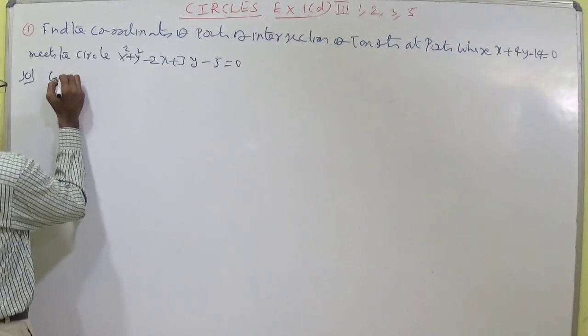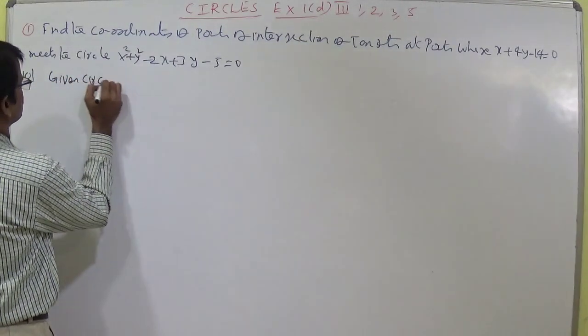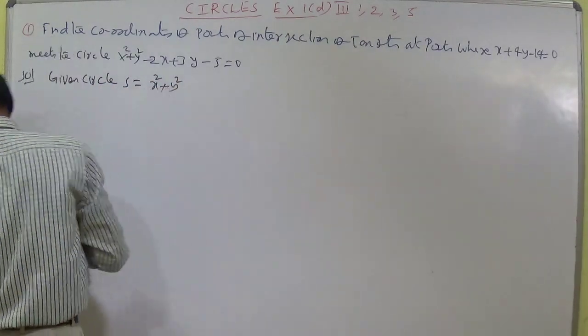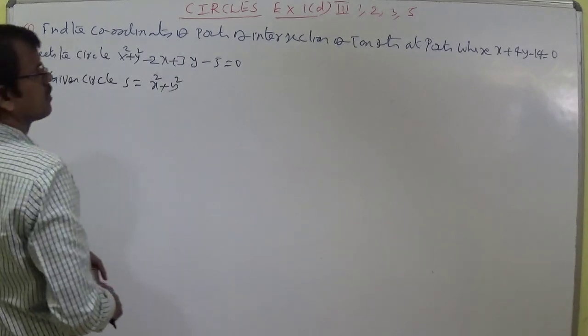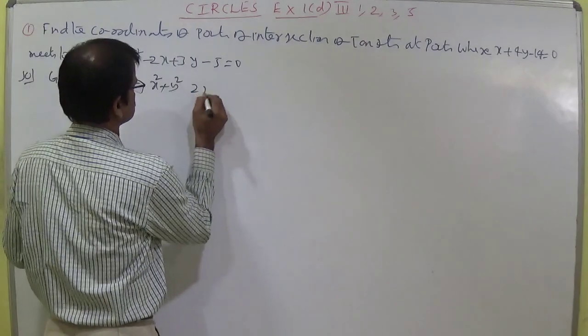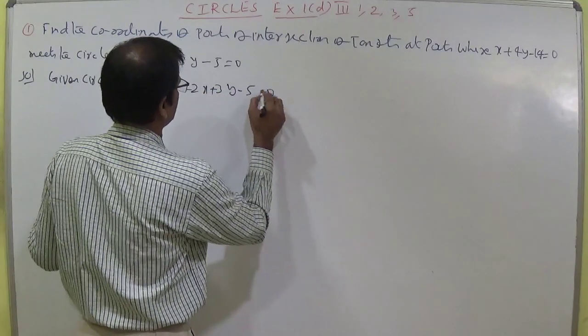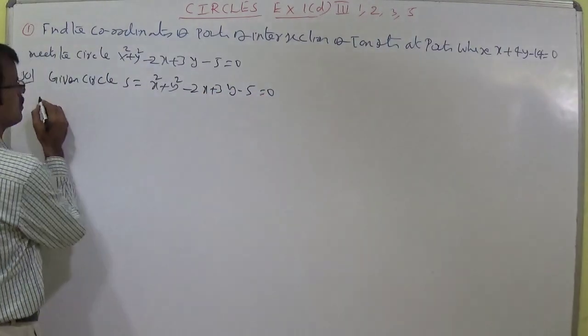Given circle S is equal to x square plus y square minus 2x plus 3y minus 5 equal to 0.